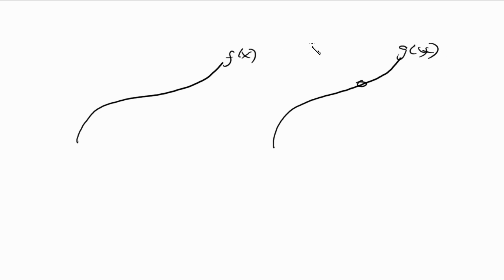These are actually similar functions, but somehow g of x was constructed in such a way that you can have two functions be equal to each other, and one of them has a hole in it.